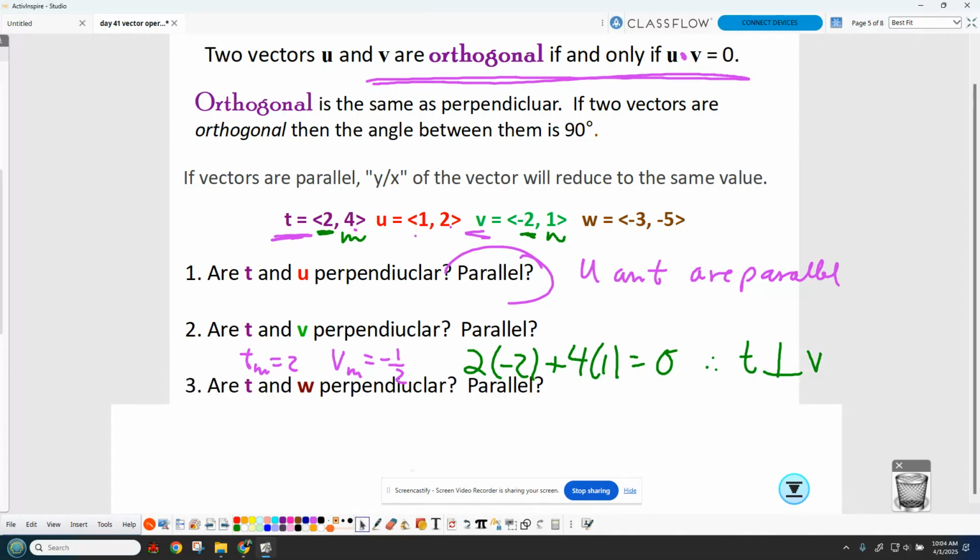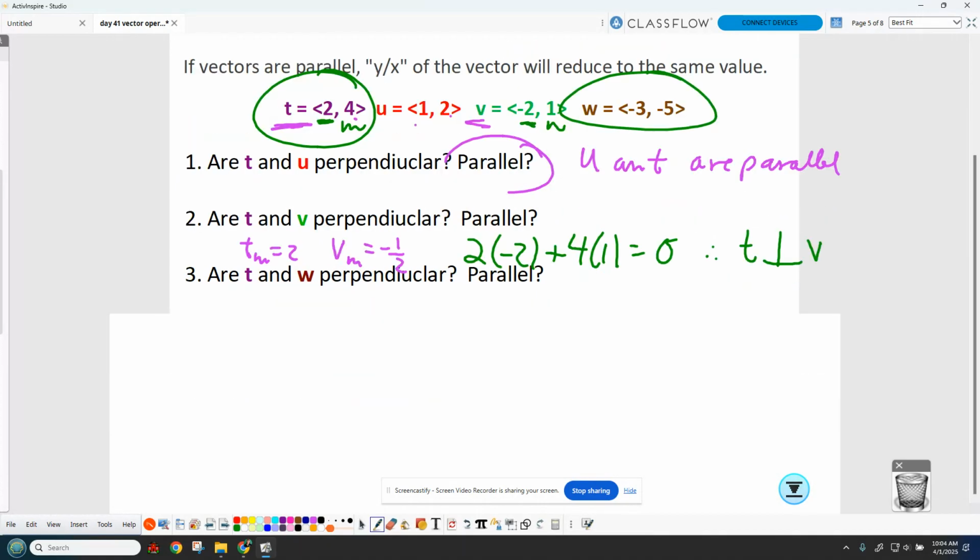Okay, Sebastian, your turn. T and W. Here's T, here's W. Check the dot product. How do I do dot product? So, for the 4th time in 5 minutes, x times x, y times y. What is the x value of the T vector, and what is the x value of the W vector?